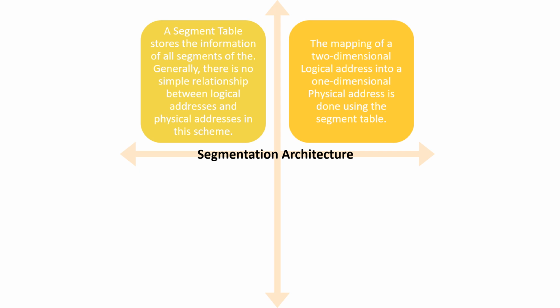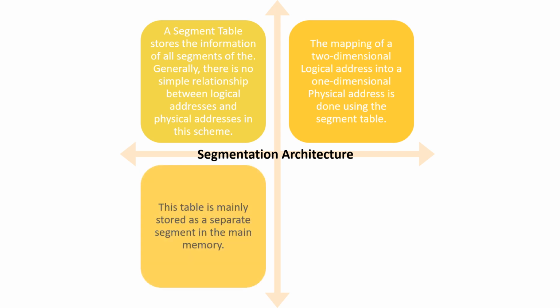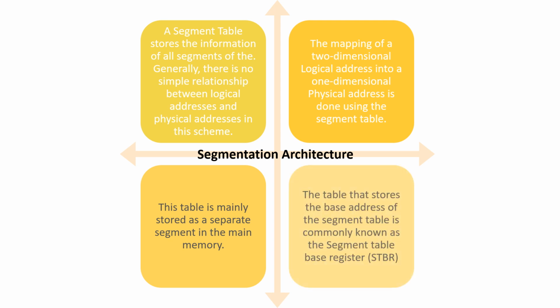The logical address is two-dimensional, that is, it has two tuples, as we already said. The segment table is stored as a separate segment in the main memory, and the register that stores the base address of the segment table is commonly referred to as the segment table base register. So these are the things that are present in segmentation.